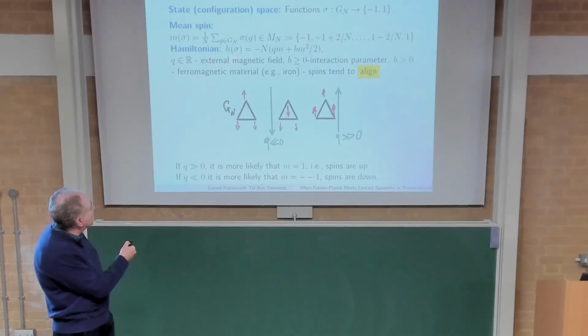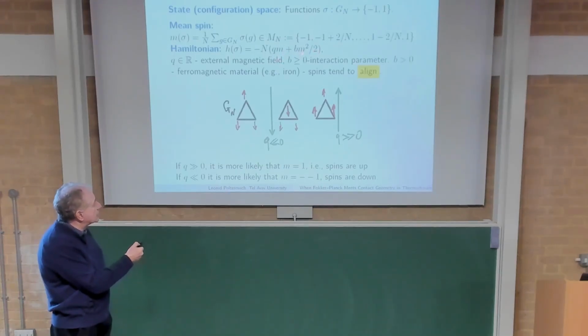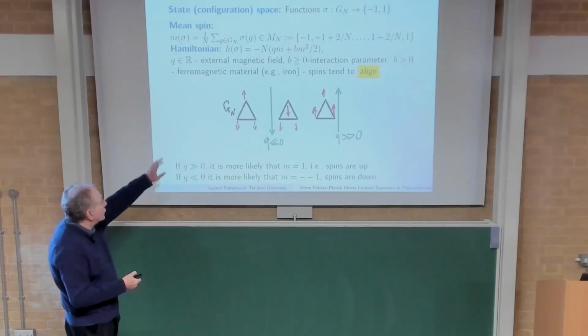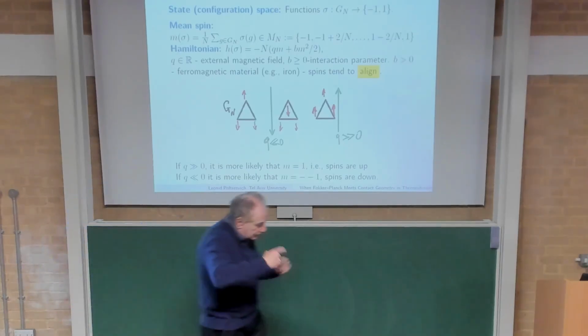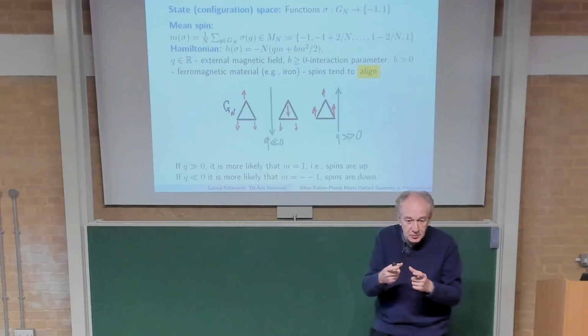And the Hamiltonian is minus n (qm plus bm squared over 2). And this is understood like this, that bm squared over 2 is like the energy of interaction, b is a positive parameter, and q is an external magnetic field. So you have this combination of spins. It's also like a little magnet, yeah?